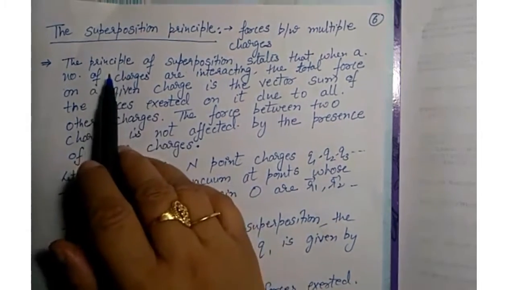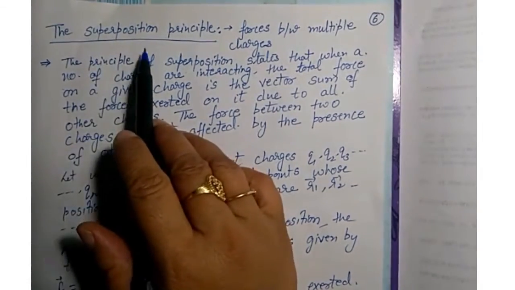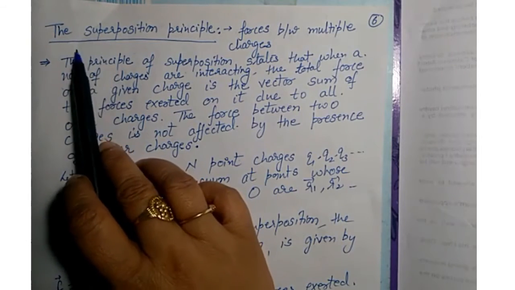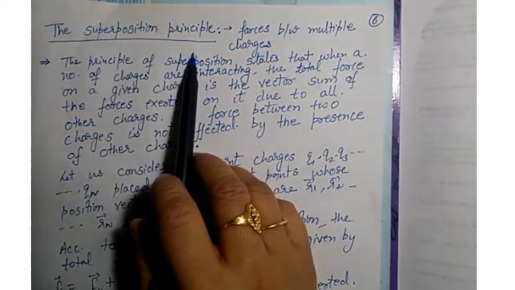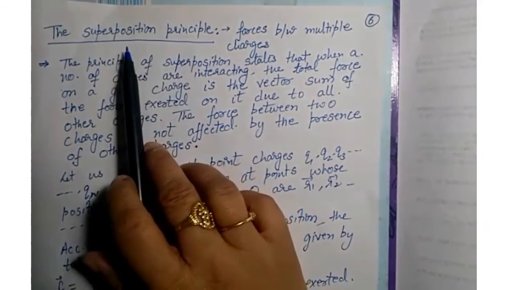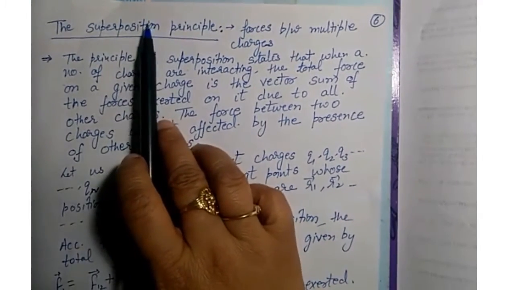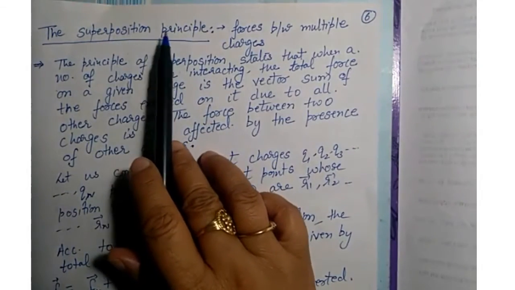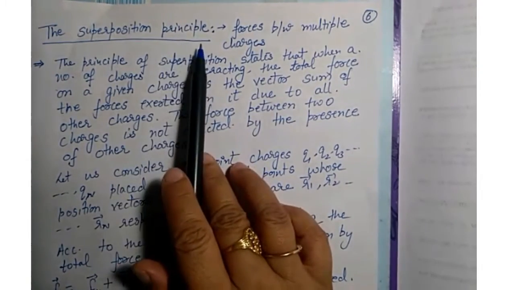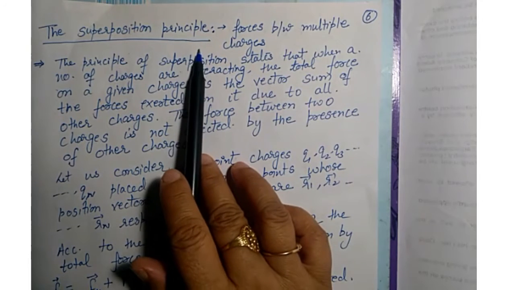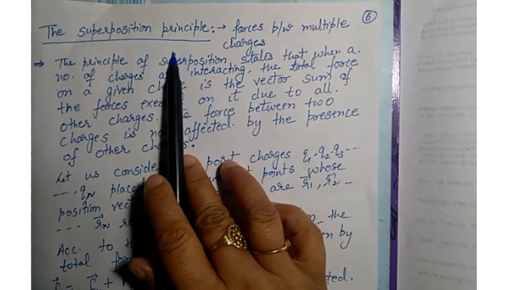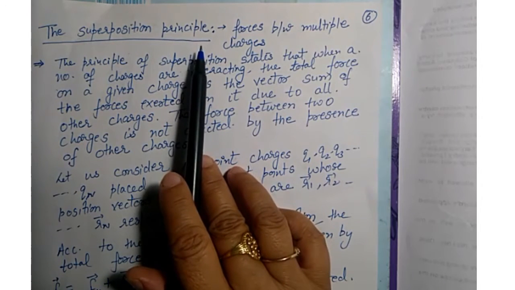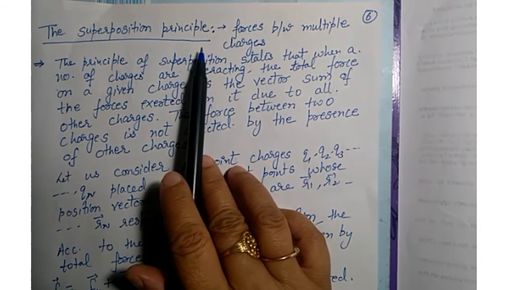So students, after Coulomb's law, the next topic in electrostatics is the superposition principle. As the name suggests, superimpose, and you had already studied this superposition principle in your 11th class, in the chapter waves, where the waves were superimposed in order to get the resultant wave.